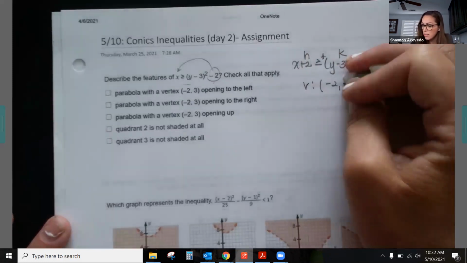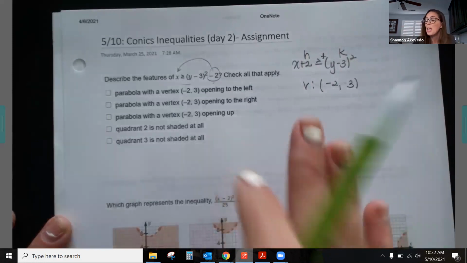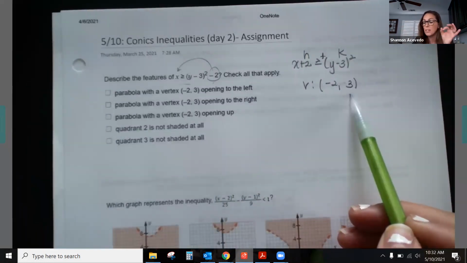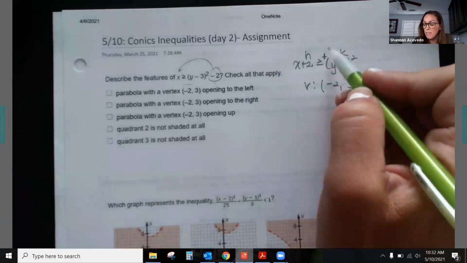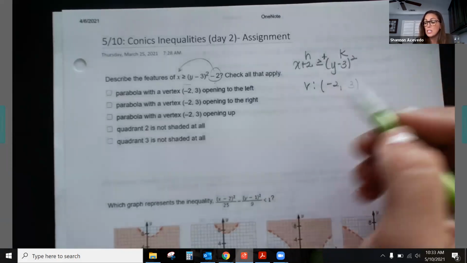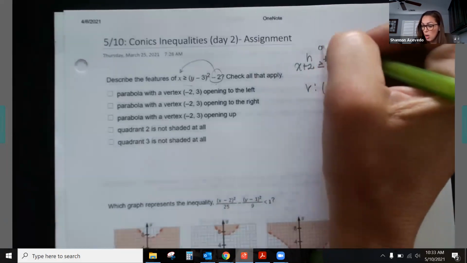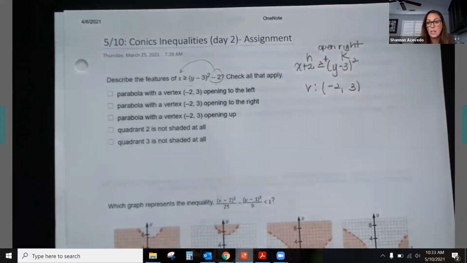Oh, yes, I'm still waking up today. It is -2, +3. Take the opposite sign of both of them. So the vertex is (-2, 3). Since this is a positive out in front, it's going to open to the right, towards the positive numbers. So we know that it's going to open right.